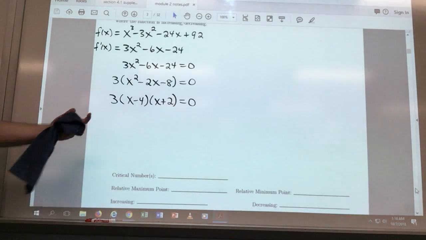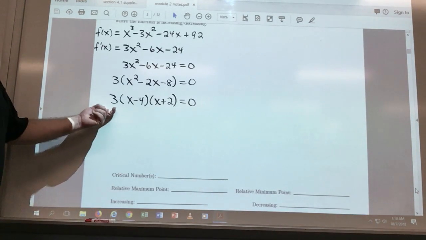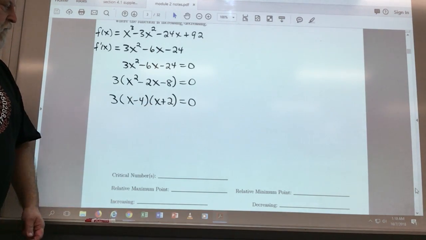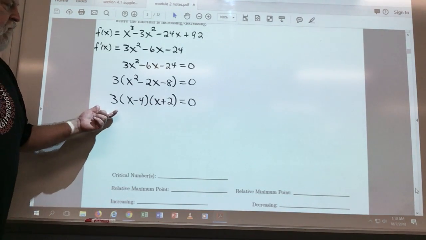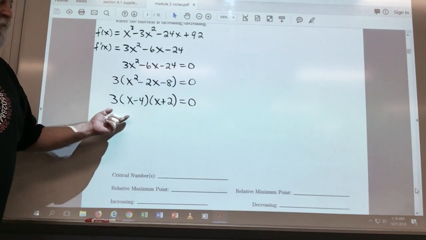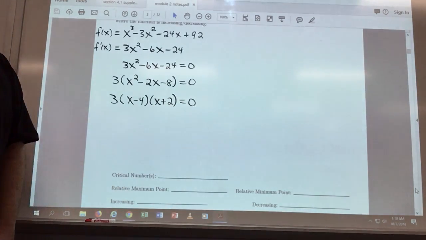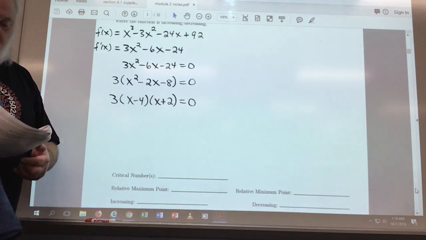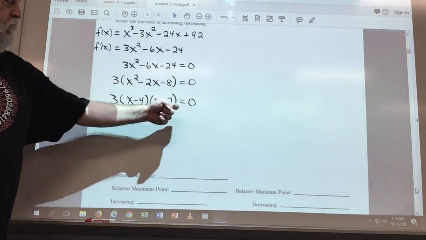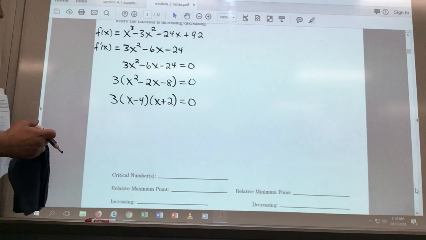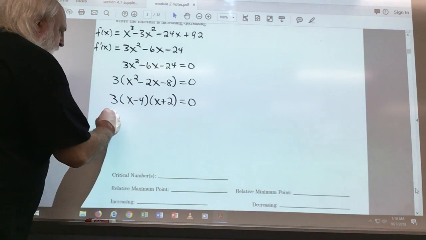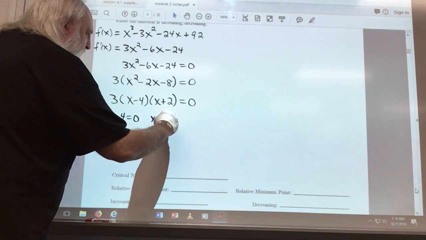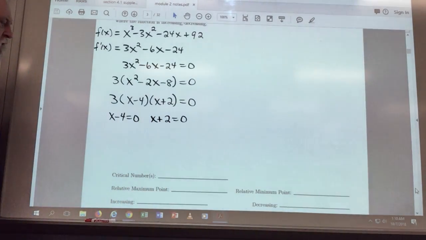So now we have the product of 3 quantities, right? 3 is a quantity, x minus 4 is a quantity, x plus 2 is a quantity. And if a product of 2 or more quantities is equal to 0, then by the zero product property, one of those quantities has to equal 0, okay? Well, 3 cannot equal 0 because it's equal to 3, but the second quantity, x minus 4, can equal 0, and the third quantity, x plus 2, can equal 0.